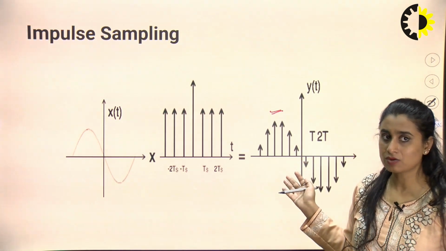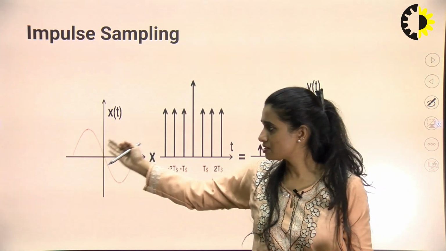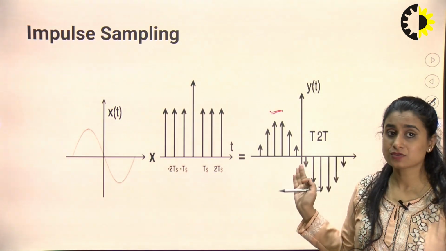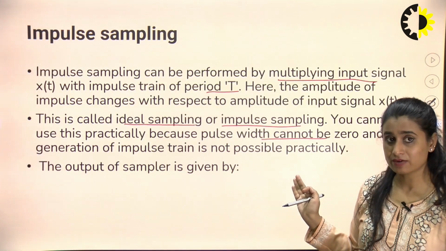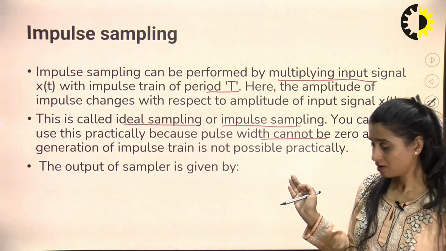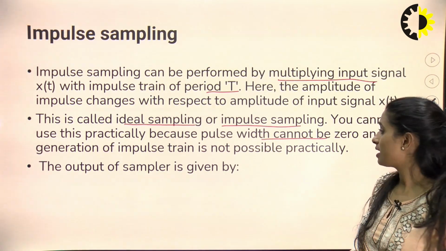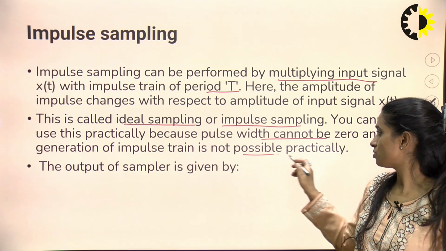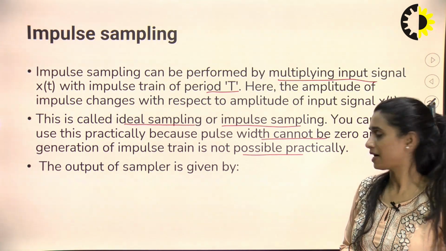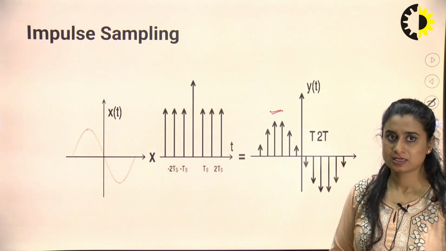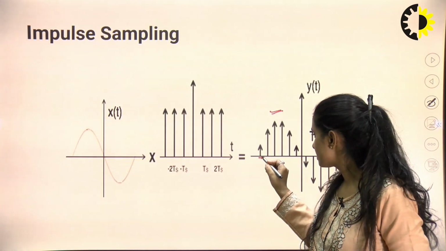This is a mere representation of the signal in the form of impulse samples, whereas we cannot use it practically. Why? Because the pulse width cannot be zero, and the generation of an impulse train is not possible practically. The output of the sampler is given by this, so the pulse width cannot be zero.